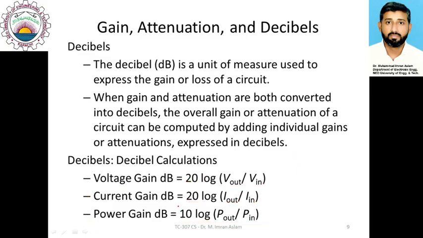So defining power gain separately makes a consistent use of notation in terms of voltage and power. That's why we define them in this fashion: voltage gain in decibels has a multiple of 20, and the power gain has a multiple factor which is 10.